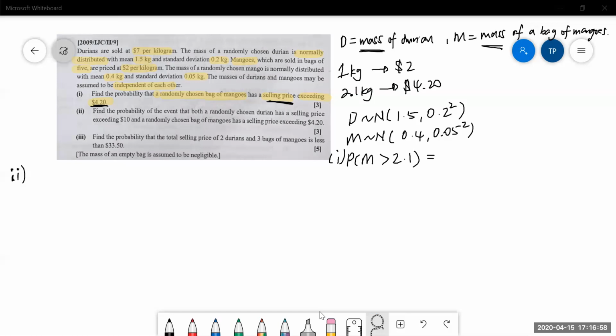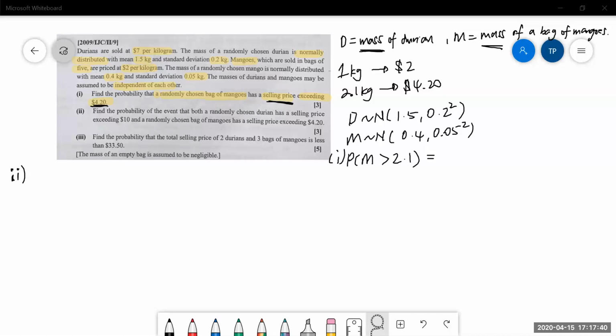So the probability of the event that a randomly chosen one has selling price exceeding $4.20, you get 0. It's legit 0. Use CDF, right? Hardly will the answer be 0. Cannot be 0.